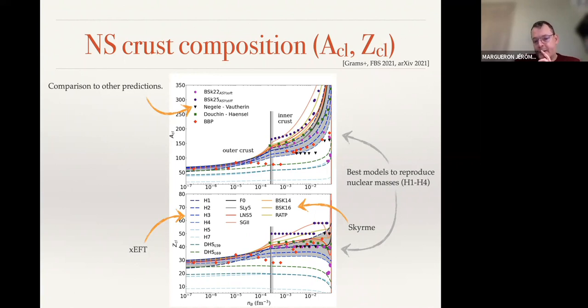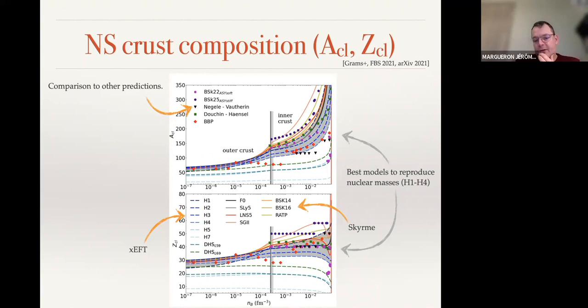But for instance, if you have a very large symmetry energy, you expect that it is pretty difficult to produce neutron matter because it costs a lot of energy, and therefore that will contribute to raise the charge of the nuclei because you will get closer to symmetric matter.